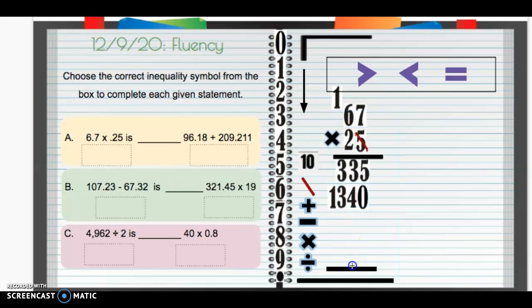And now I will begin to add. So 5 plus 0 is 5. 3 plus 4 is 7. 3 plus 3 is 6. And then the 1.